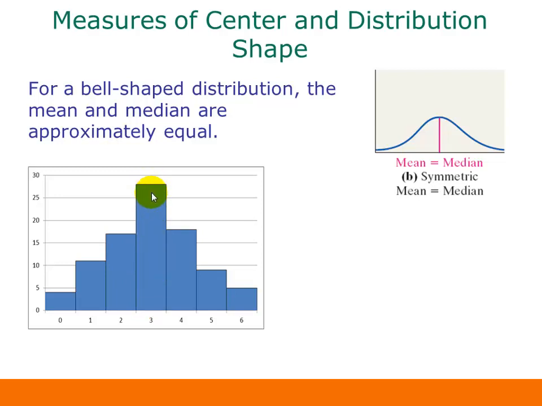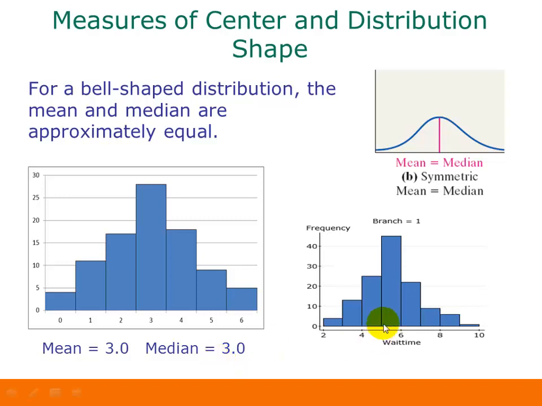And actually in this case, the mean and the median turn out to be exactly the same number, which is 3.0. Here's another distribution that's approximately bell-shaped, so the mean and the median should be approximately equal. In this case, it turns out the mean is 5.52 and the median is 5.54, so they are very close together.